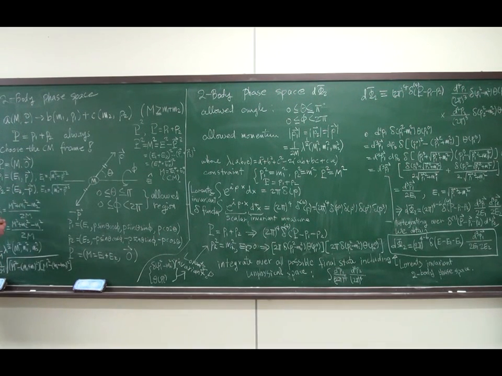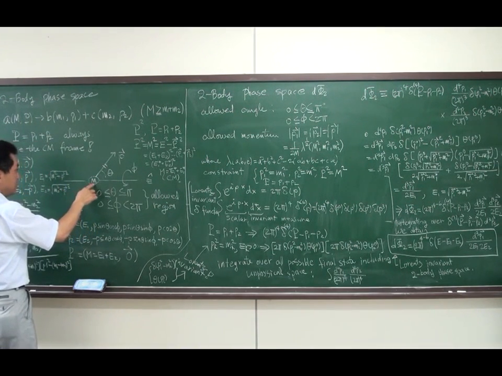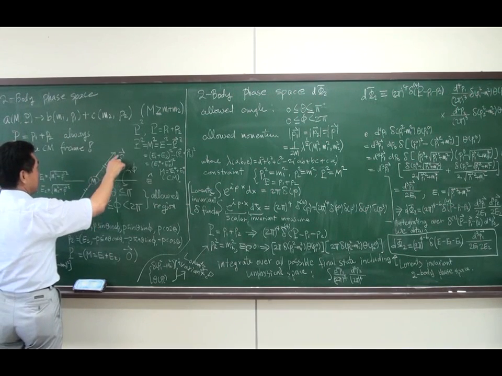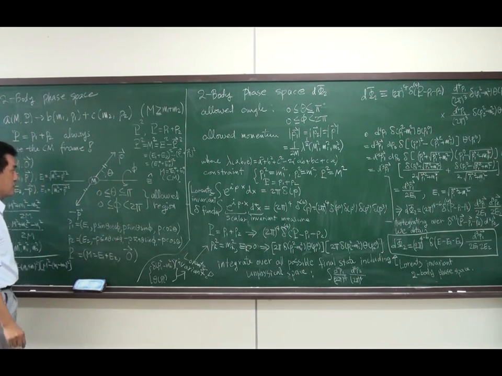Alright, so the constraint that the sum of the momenta is 0 does not say that the direction of this momentum is fixed. This means that the momentum P of particle 1 and minus P of particle 2 have arbitrary direction. There's no constraint. If I write it down, along the z direction, with M at rest, the momentum P can make an angle theta, a polar angle with respect to the z-axis.